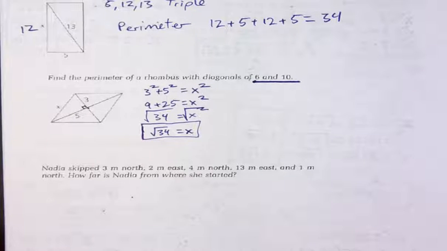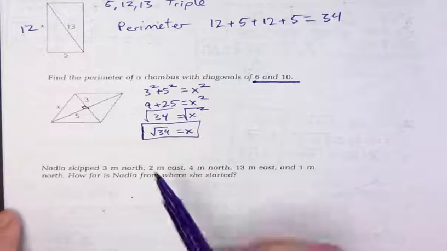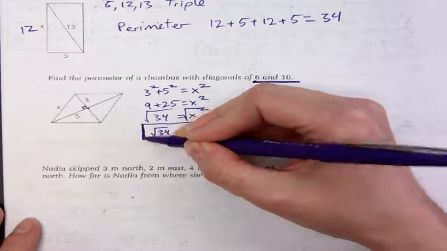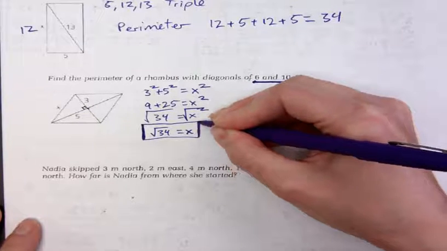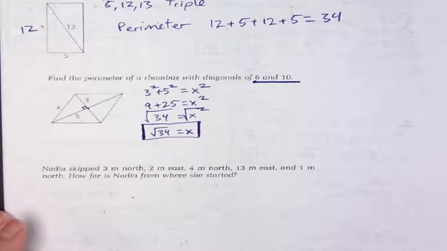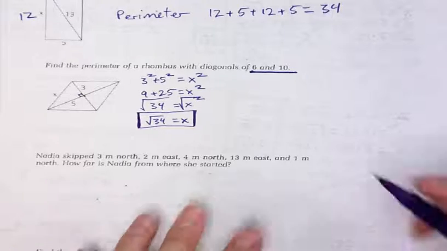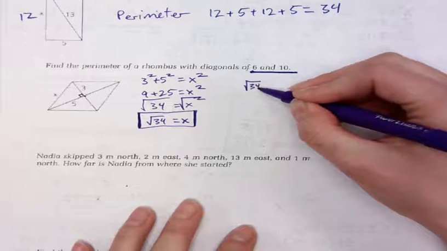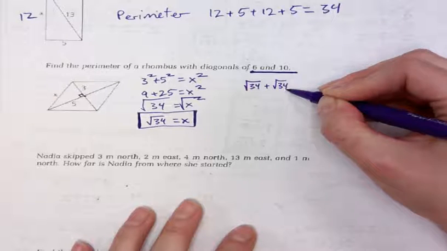All sides are equal, okay? A sad number of students missed that on the test, where you labeled something rhombus when all sides were not equal. Okay, so all sides are equal, so I just do root 34 plus root 34.